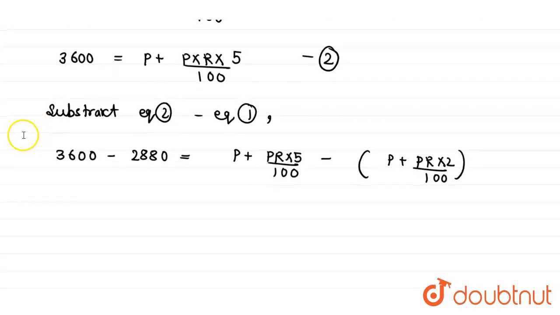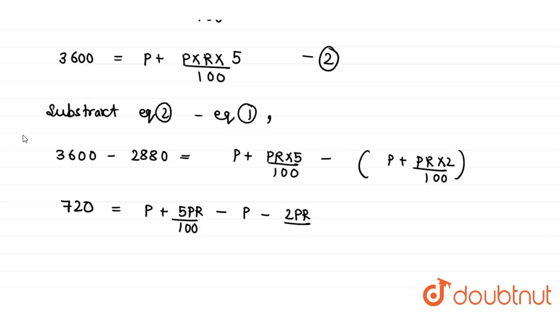That is 3,600 minus 2,880, which is 720, is equal to P plus 5PR by 100 minus P minus 2PR by 100.